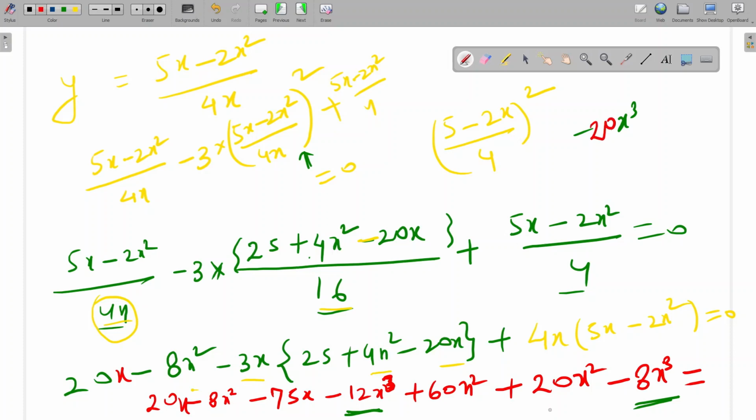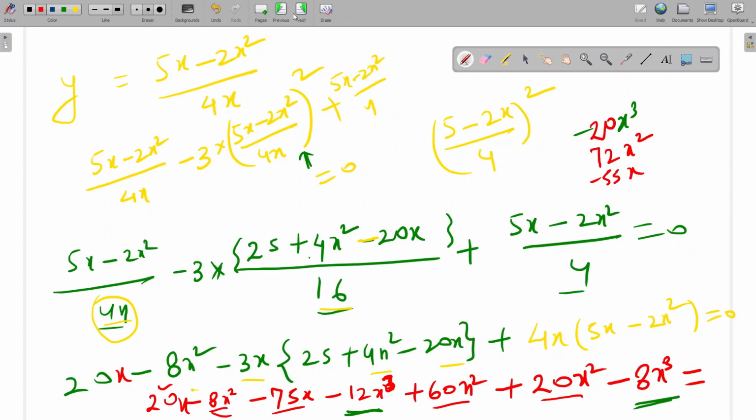Okay, x square how much? 60, 20 and minus 8, so 72. And the x term will be how much? This 20x and minus 75x, minus 55x. So x we can take common.